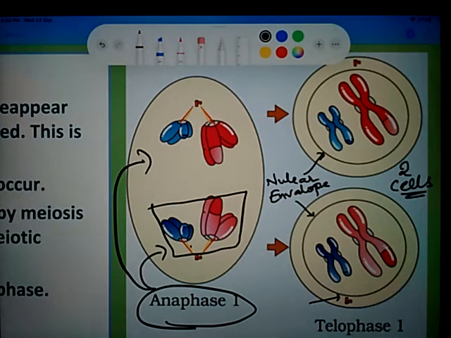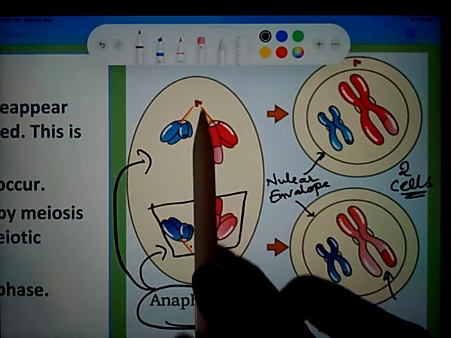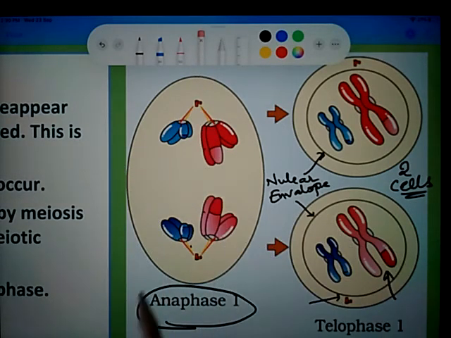But condensation of the chromosome remains as it is. So chromosomes are not converted back into the form of the chromatid. Why? Because the second division is still left. It is just the end of meiosis 1.